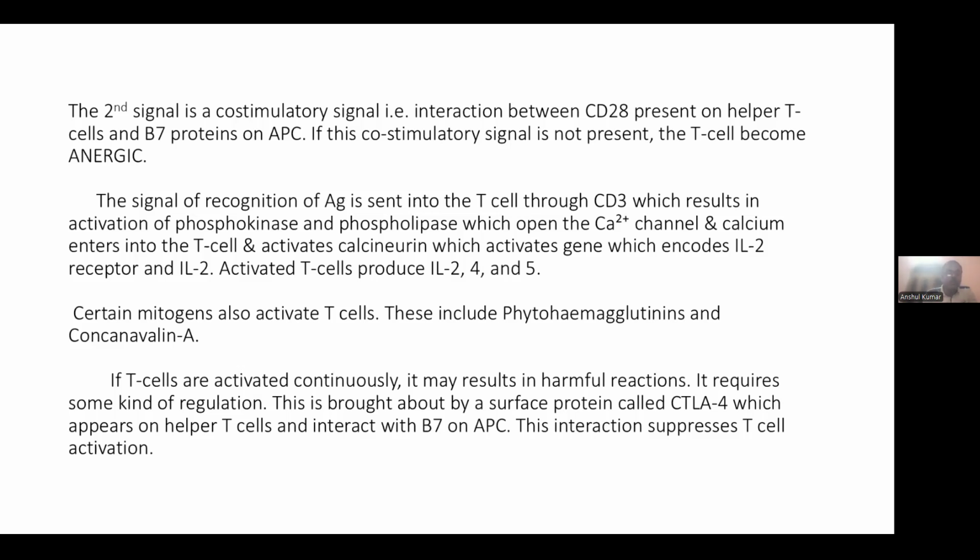Calcium enters the T cell and activates calcineurin, which activates genes that encode IL-2 receptors and IL-2. The IL-2, also called T cell growth factor, produced by the activated T cell, can act on the same T cell, an autocrine function, or on neighboring cells, a paracrine function, such as helper T cells or cytotoxic T cells.